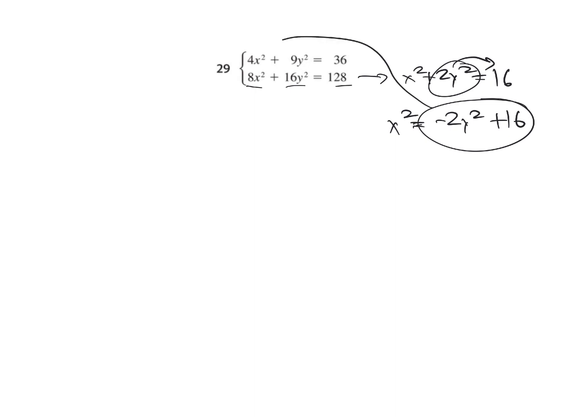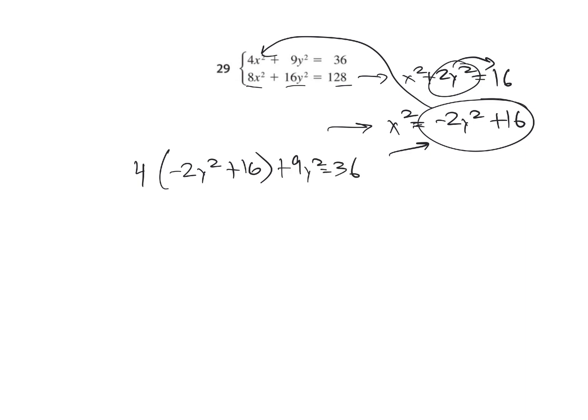So we plug that in for the x squared there. We don't have to square this, it's already squared. X squared is negative 2y squared plus 16. So negative 2y squared plus 16 plus 9y squared equals 36.